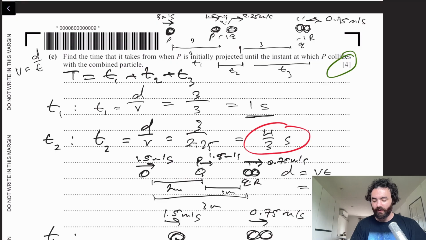The hard part of that is identifying that I needed to find that distance, because that distance for T2, which I was looking at, helped me find this last T3 where P collides with Q and R the first time.